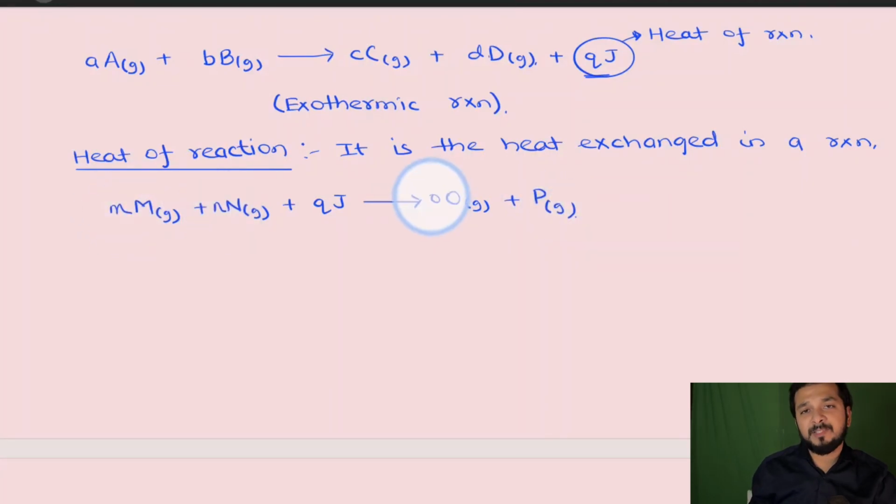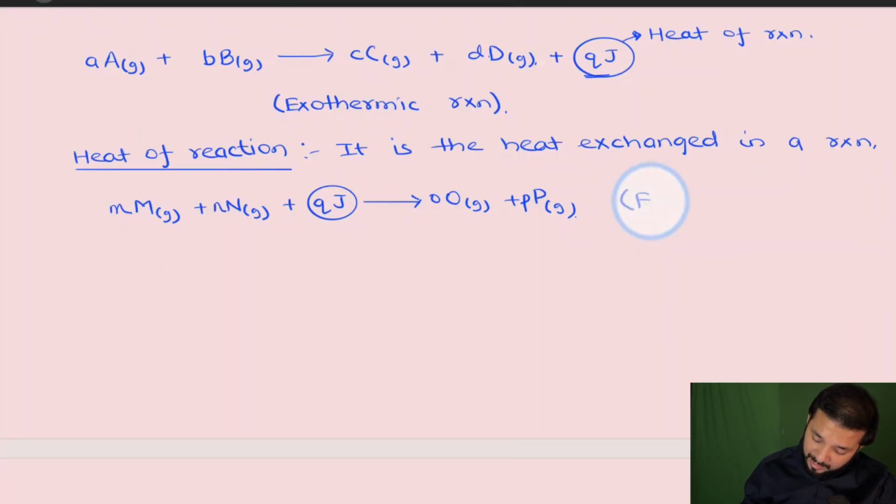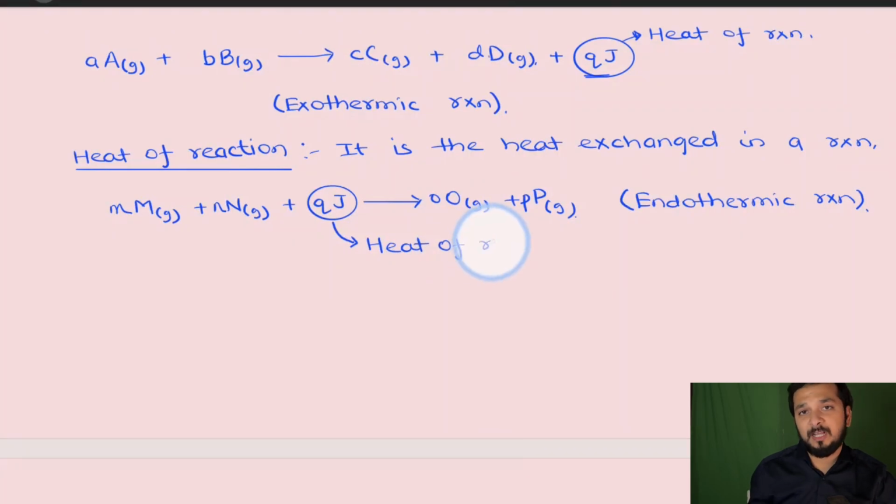So this is a balanced chemical equation, and this Q joule of heat which is written over here is getting added to the reactant, which means this reaction is an example of endothermic reaction, and this Q joule will be known as the heat of this reaction. So that's why we write it as heat of reaction.